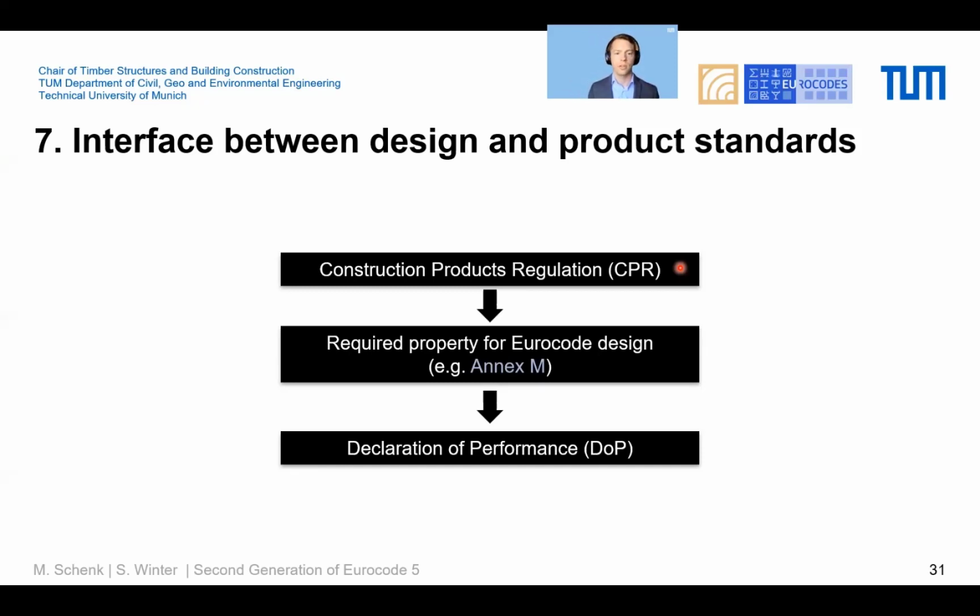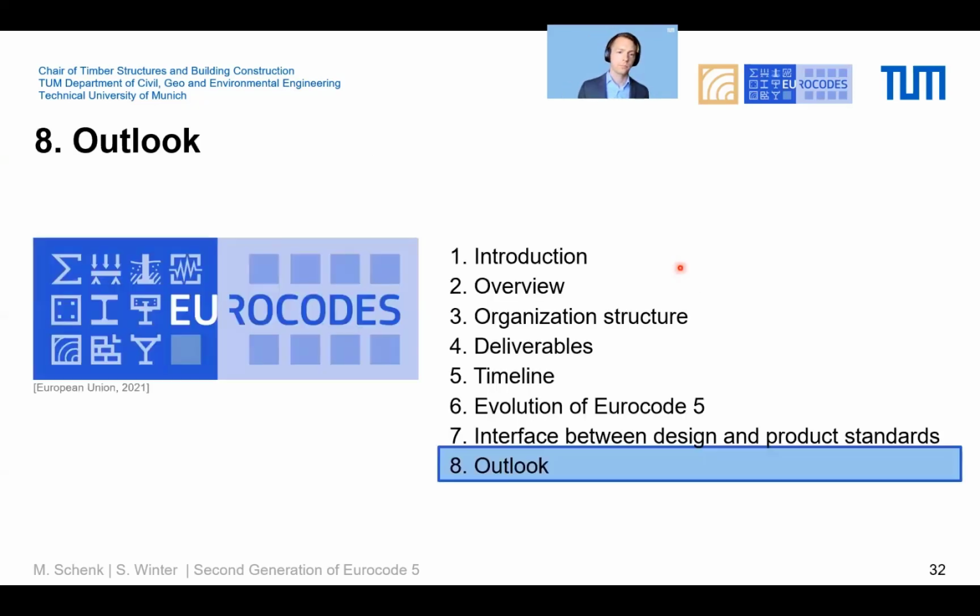After further coordination and implementation into the product standards, it should be assumed that those properties are part of the declaration of performance of relevant construction products. With this completely harmonized standardization system, designers and contractors and other construction stakeholders, of course, too, have a common language available to exchange information efficiently.